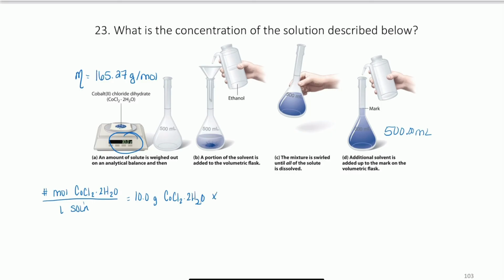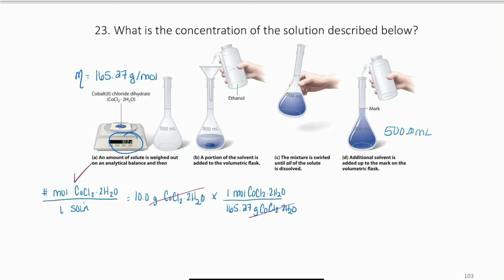I need moles. 1 mole of CoCl2·2H2O weighs 165.27 grams. So I've accomplished my first half. Now I just need to divide this by the liters of solution.